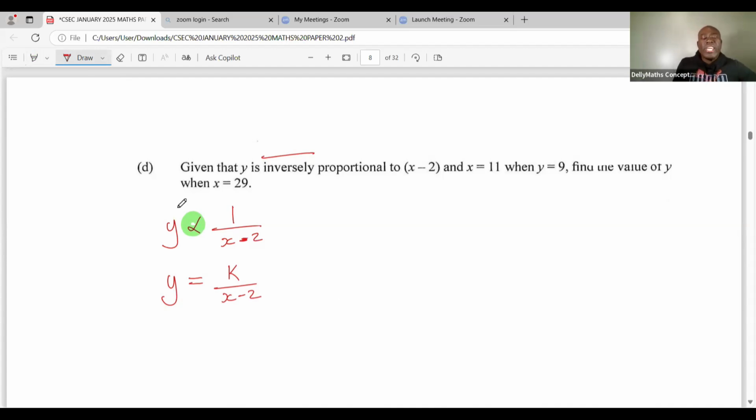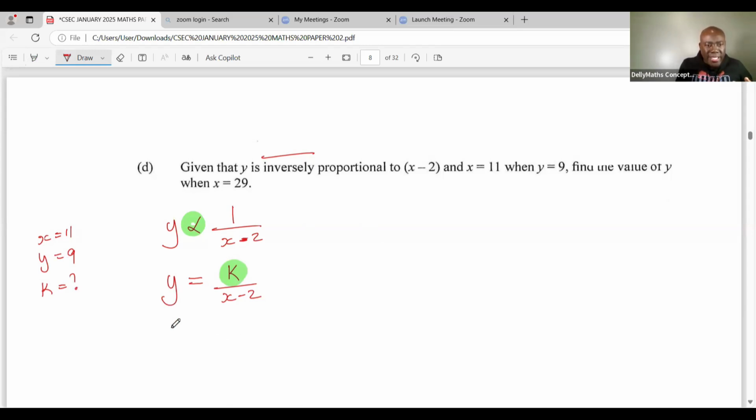Now, in order to find anything, we have to know what k is, because this is the constant of variation. So here's the deal. We're going to substitute x equal to 11 when y is equal to 9, so that we could find a value for k to be used to solve the problem. So let us do that.